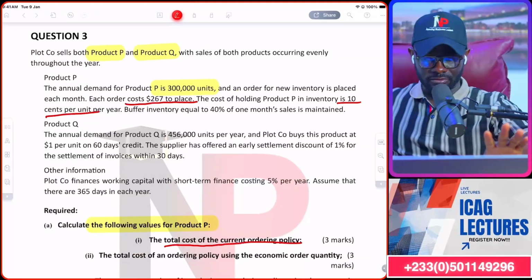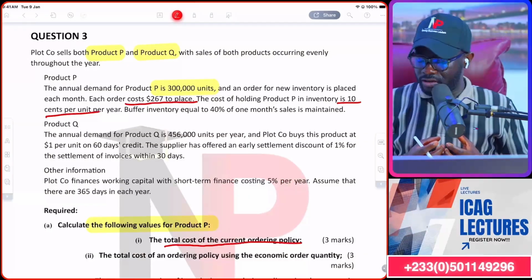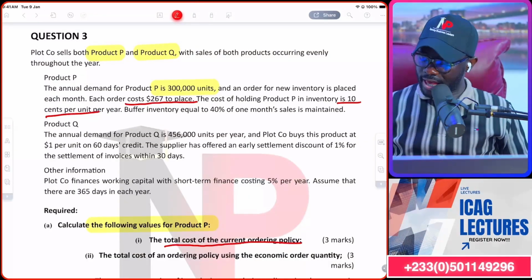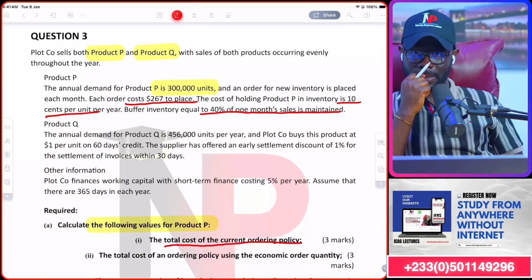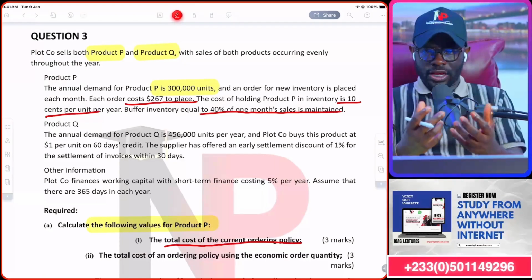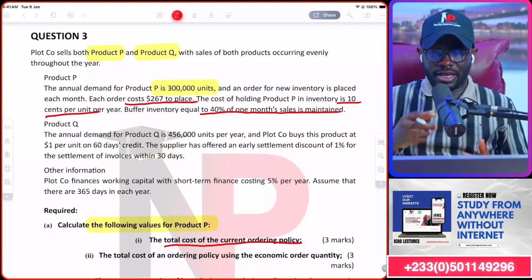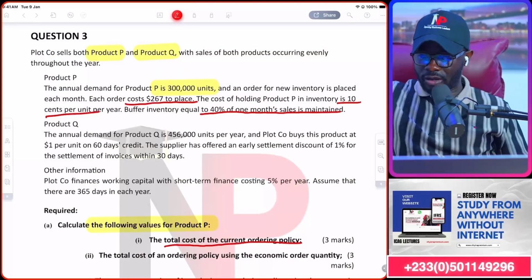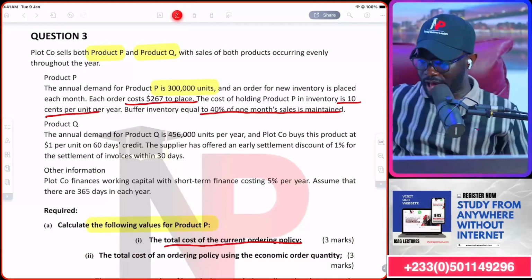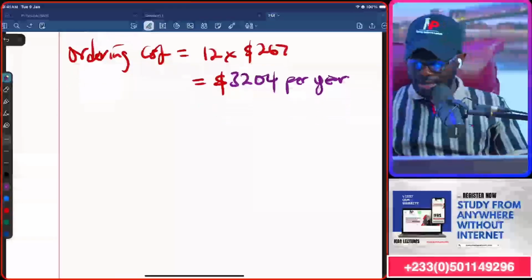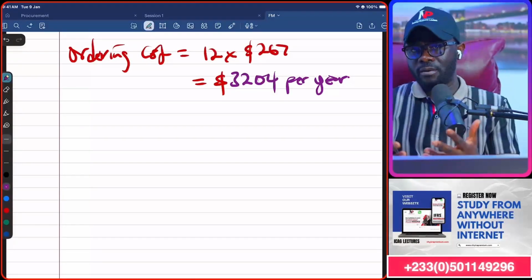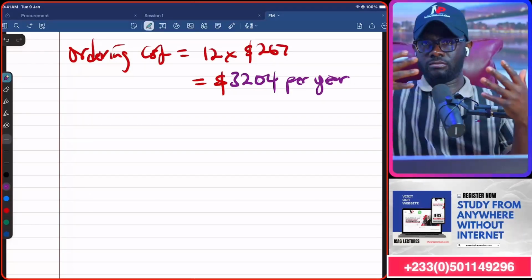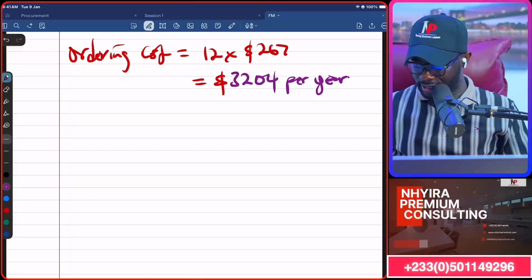We'll come back to that. Buffer inventory equal to 40% of 1 month's sales is maintained. So the amount of inventory they maintain is 40% of 1 month's sales. So the question we ask ourselves is, what is the sales for every month? Then we get 40% of that, then we can get our holding cost.